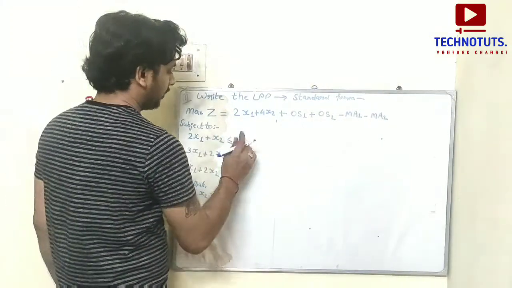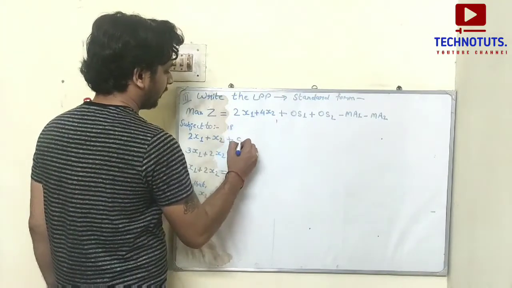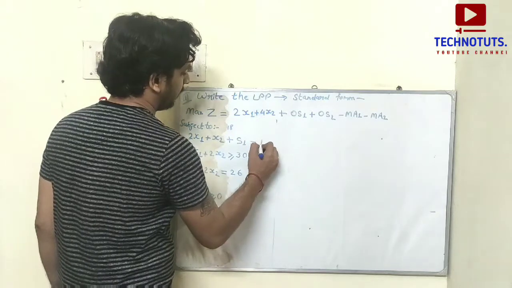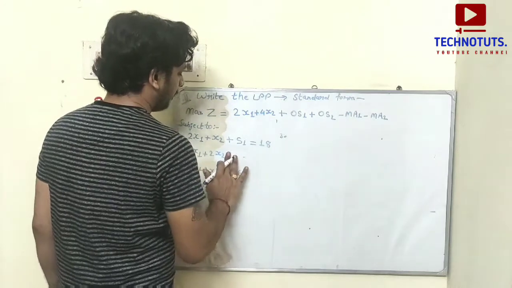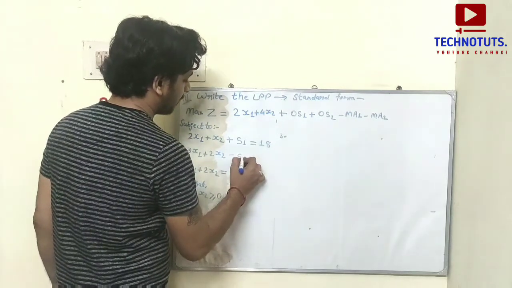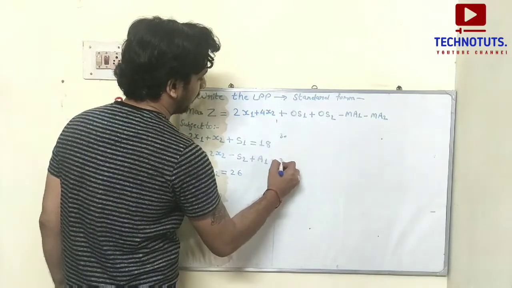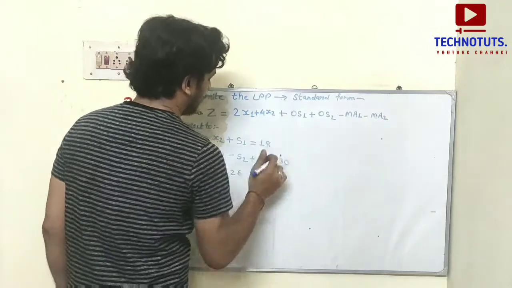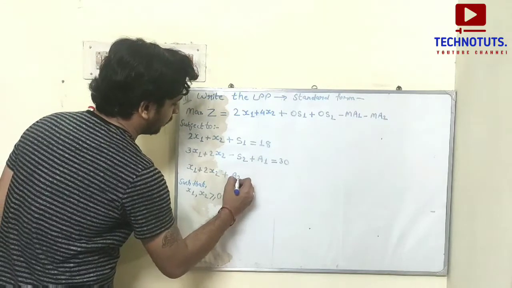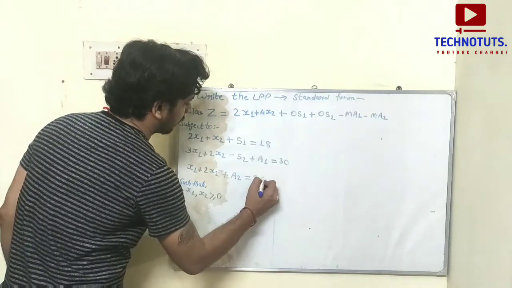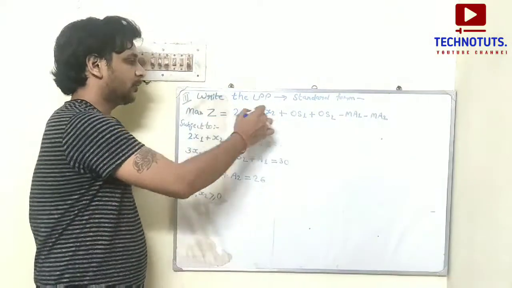The constraints will become 2x1 plus x2 plus s1 is equal to 18, then 3x1 plus 2x2 minus s2 plus a1 is equal to 30, and x1 plus 2x2 plus a2 is equal to 96. Okay students, see, this is the objective function, these are the constraints, and this is the non-negativity condition.